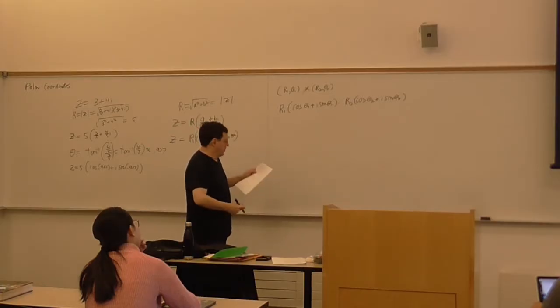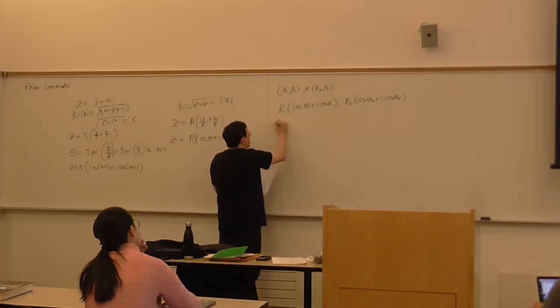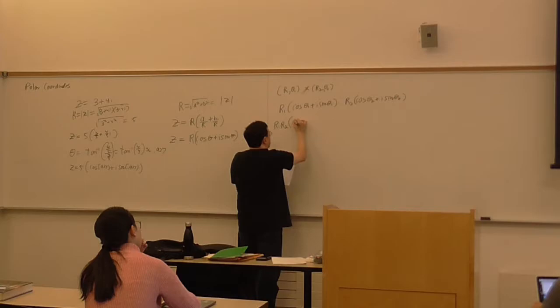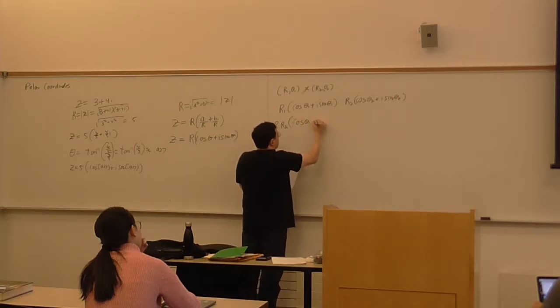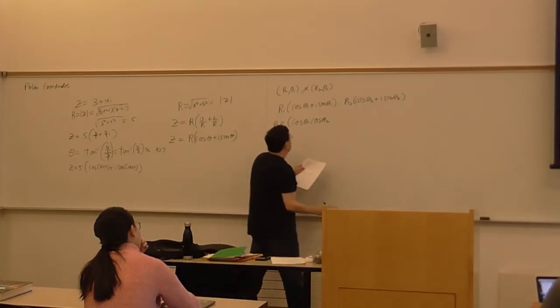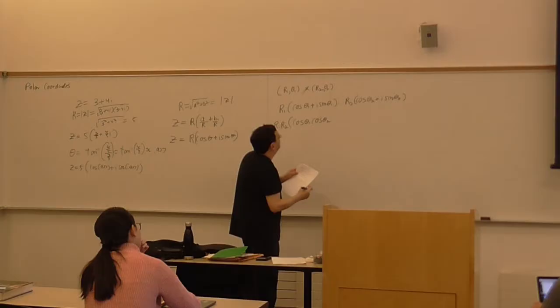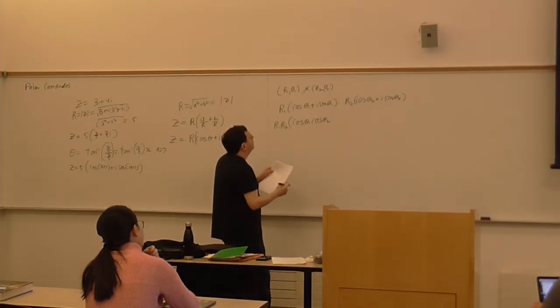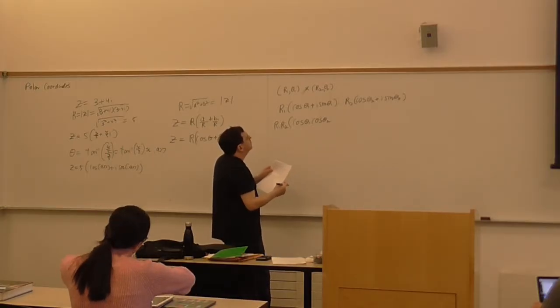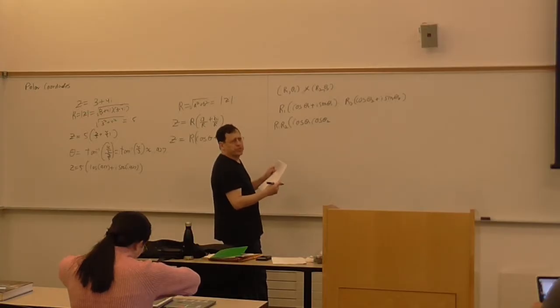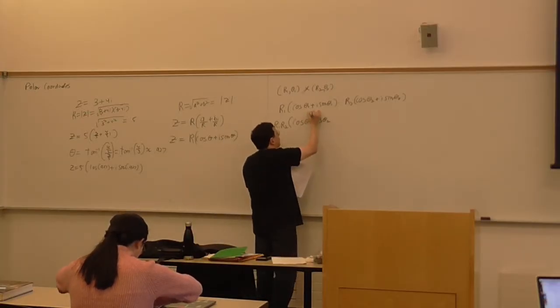I'm going to FOIL these. The r's come out front. That's nice. We get cosine theta 1 cosine theta 2. I'm going to do the firsts and the lasts. This is the first.